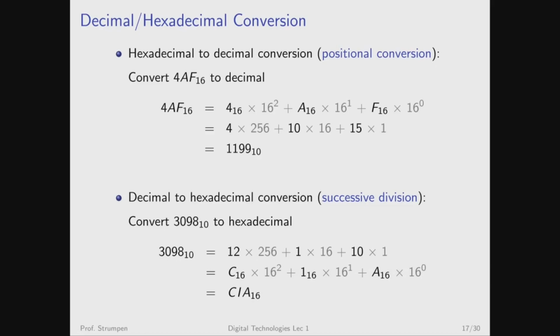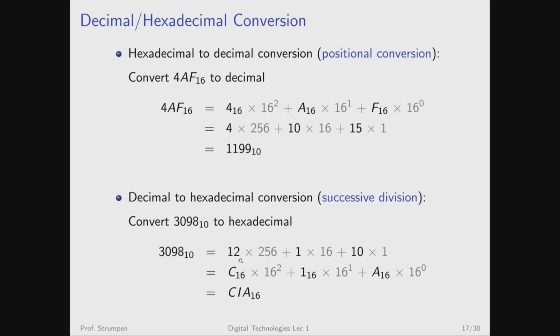12 times 256 is less than 3098, right? 12 times 256 is 3 times 4 times 256, equals 3 times 1024, right? That's 2 to the 10. You may remember that. And 3 times 1024, I can do by rote, that's 3072.